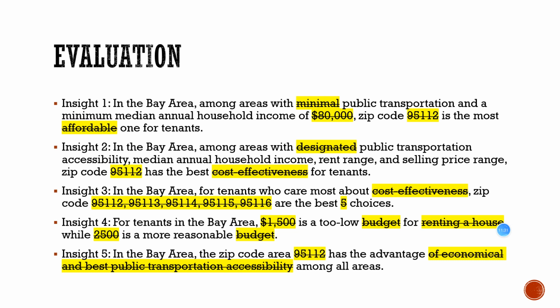Then they can use my visualization one to see which zip code area is the most affordable one for tenants. Or if they want, they can also figure out which is the most expensive one for tenants.